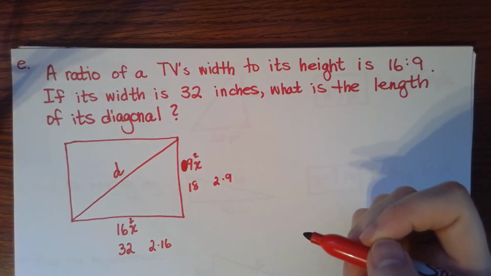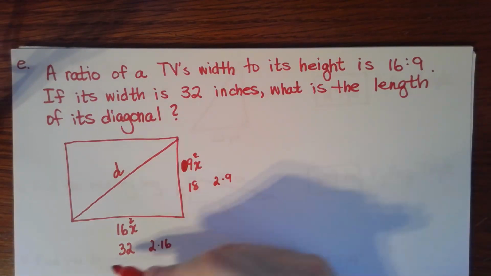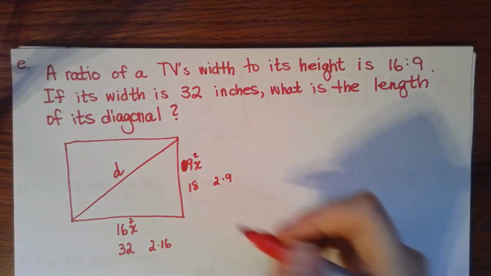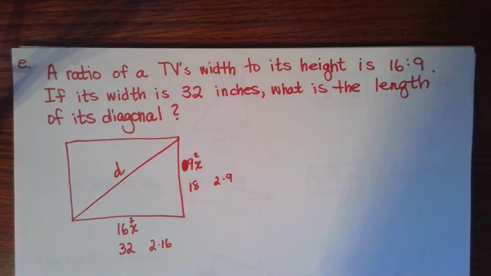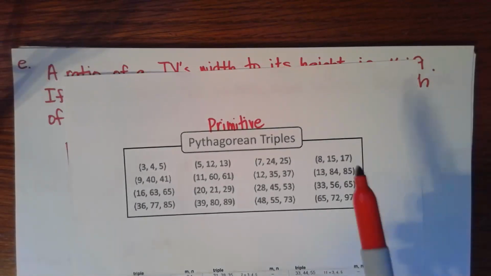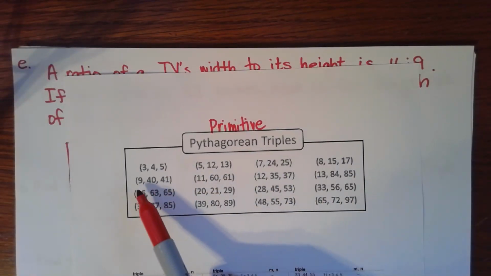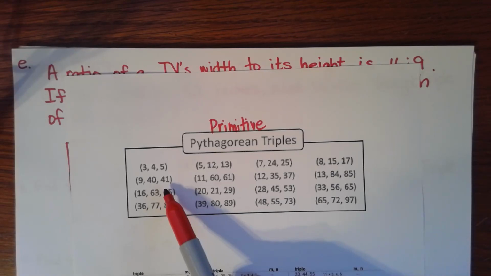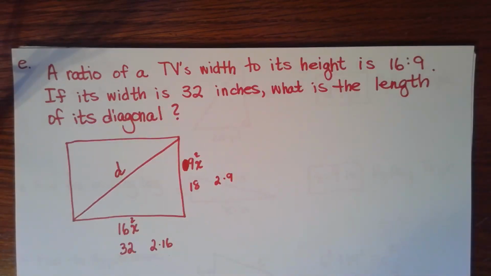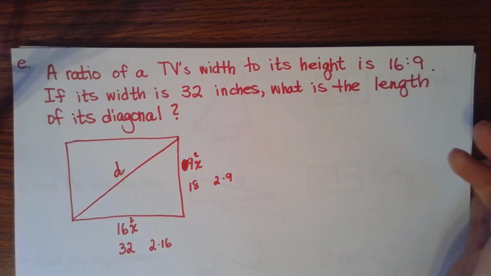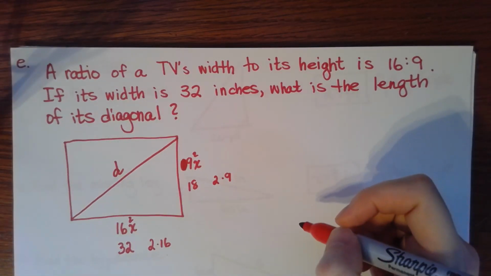This is only divisible by 2, so not by 4 or anything else. So we could check, are 9 and 16 values that are in here? No, there's a 9, 40, 41, but not a 9 and a 16. So we're not going to be able to find a Pythagorean triple. We'll have to go ahead and just figure out the length of its diagonal.